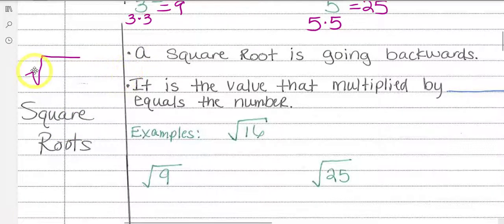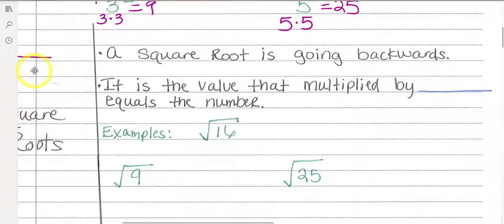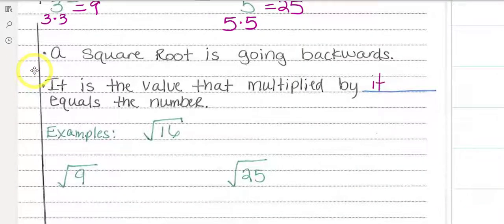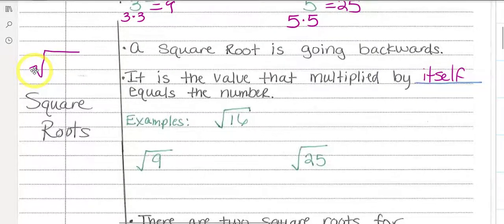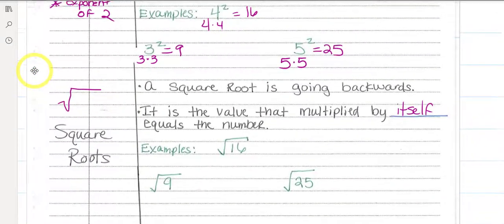When we're looking at a square root, we're actually going backwards from what we just did above. A square root is the value that is being multiplied by itself that equals the number. In our example up here, 4 squared was equal to 16.